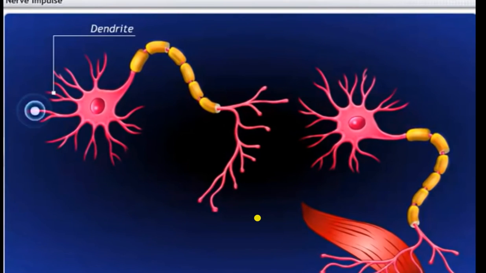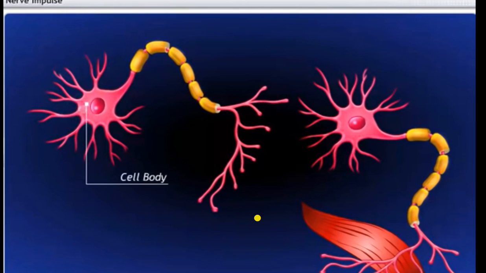When a neuron is stimulated, the dendritic tips of the nerve cell generate a tiny electrical impulse, and this impulse travels from the dendrites to the cell body and then along the axon to its end.